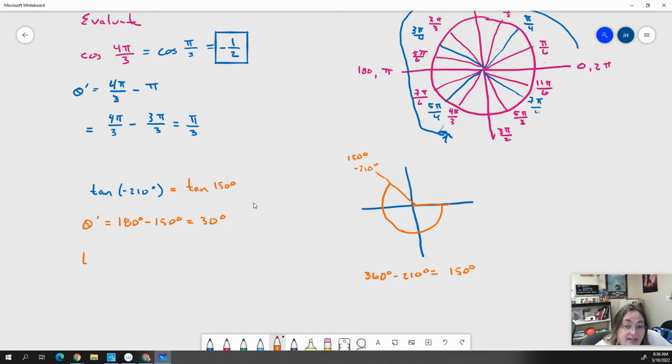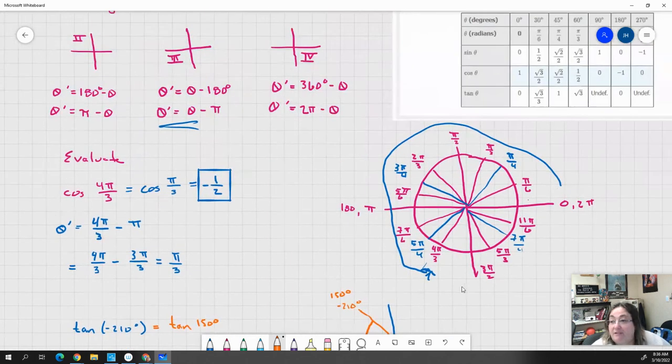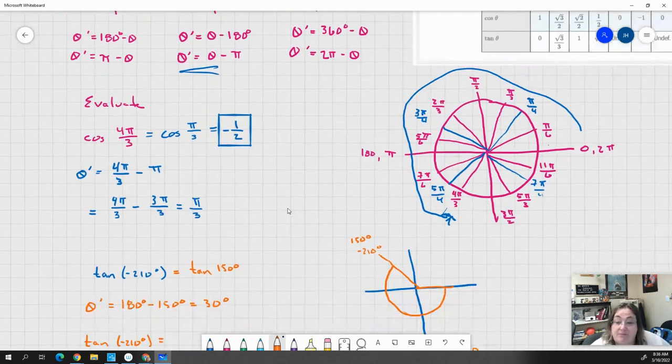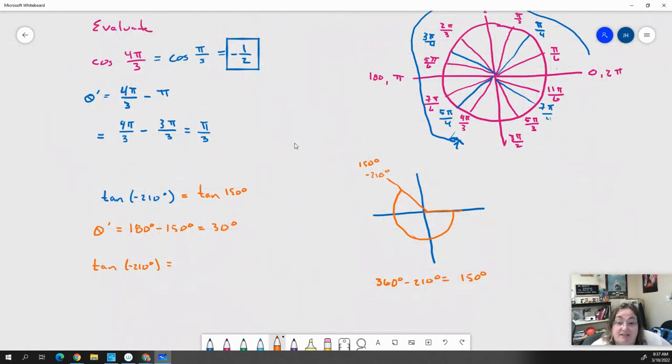So we could go that tangent of negative 210 degrees is going to be equal to tangent of 30 degrees, right? Which is radical 3 over 3, and we just have to figure out what the sign is, right?